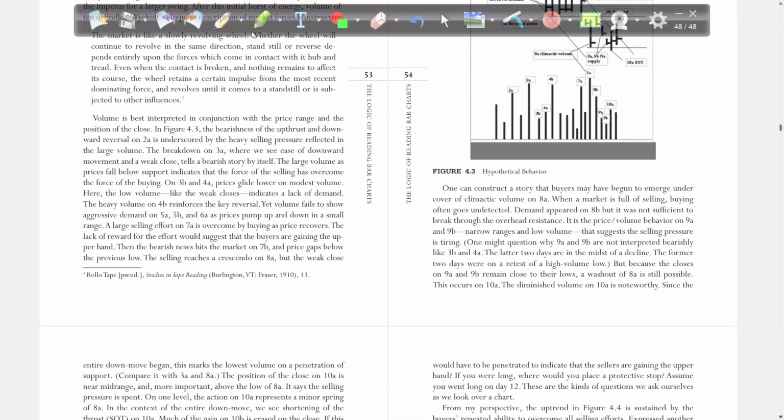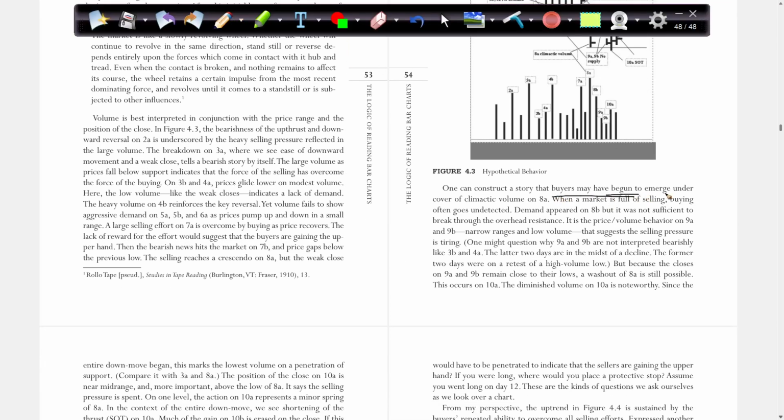One can construct a story that buyers may have begun to emerge under cover of climactic volume on 8A. However, when the market is full of selling, buying often goes undetected. Demand appears on 8B, but it was not sufficient to break through the overhead resistance.